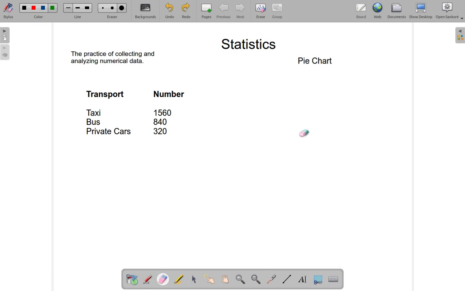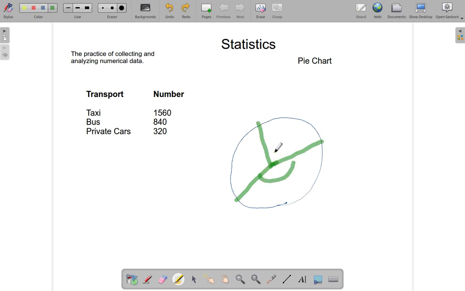Let us make a pie chart using the information that we have here in the table. Now, we will need to calculate the sector in the circle that we form. For example, if we have our circle here, and we divide it up into various sectors, we'll need this angle for the taxi, this angle for the bus, this angle for the private car, whatever the case is.